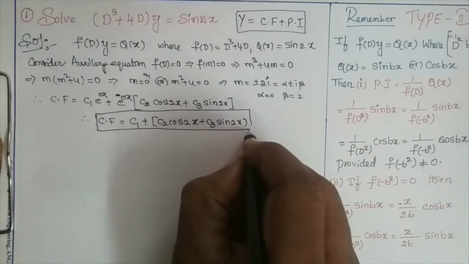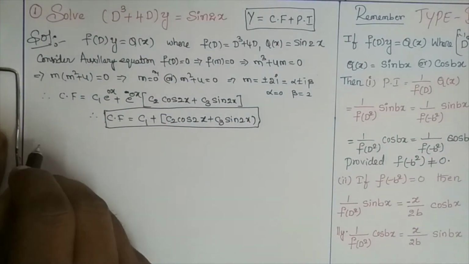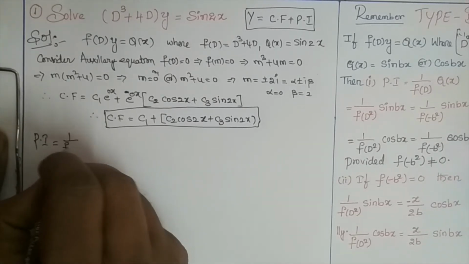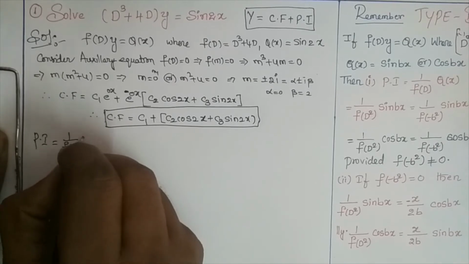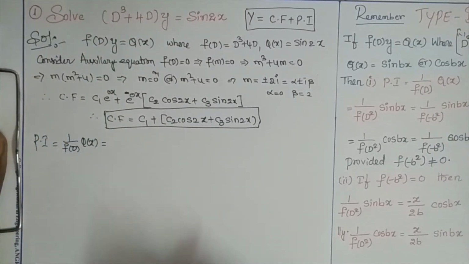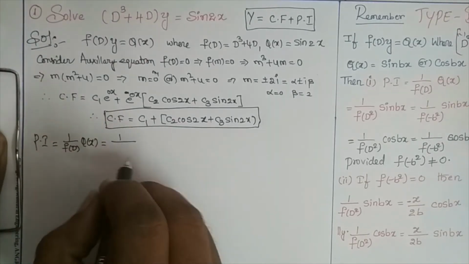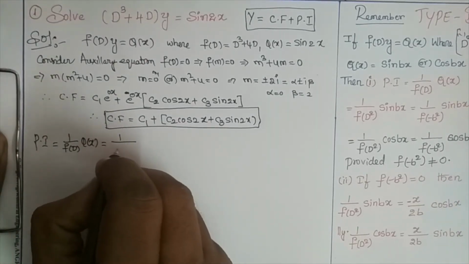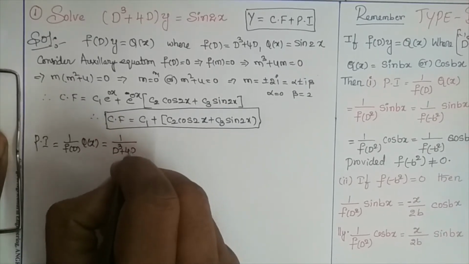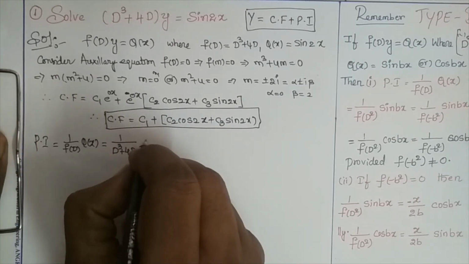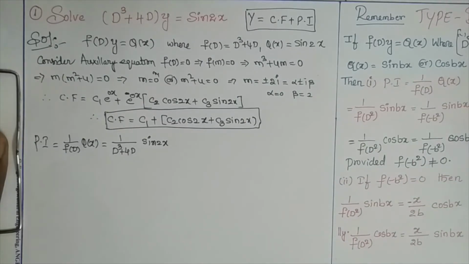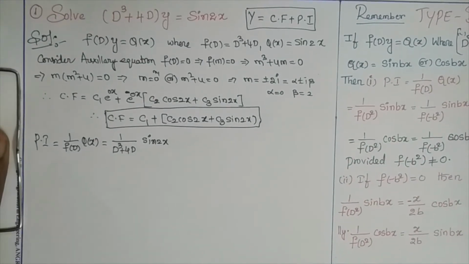Now we are going to find the particular integral. What is the formula for the particular integral? PI is equal to 1 by f of D into Q of x. This is the formula for the particular integral. So we replace f of D, which is D cube plus 4D, into sin 2x. But according to the rules, we should replace D square by minus b square.